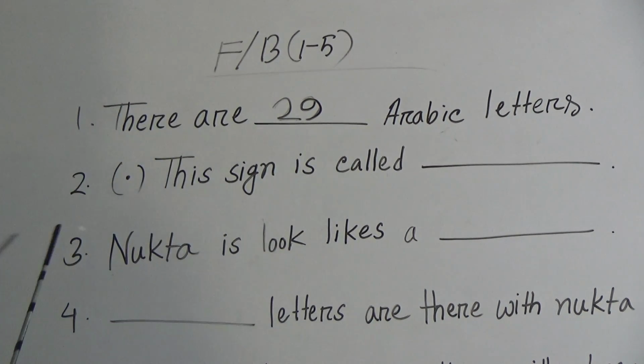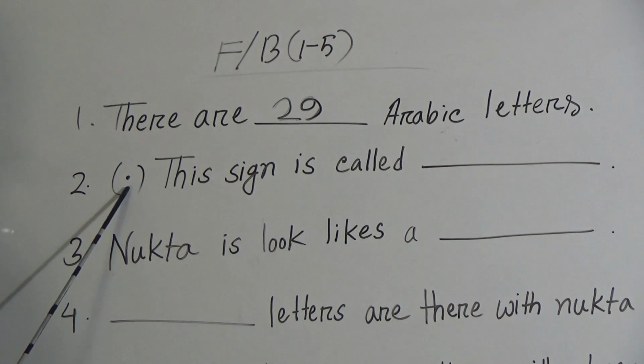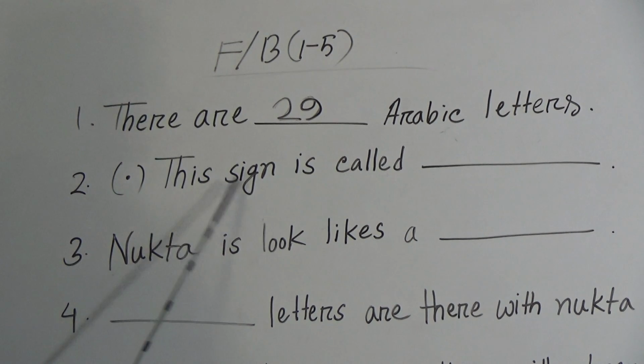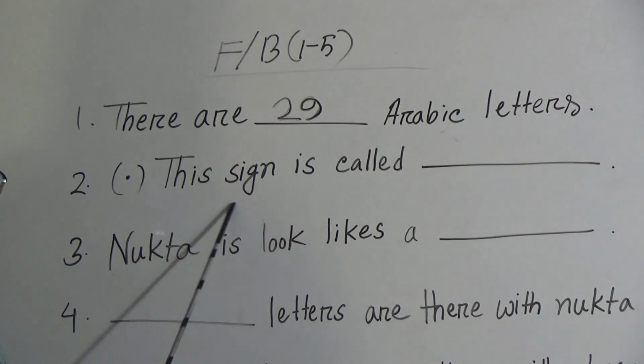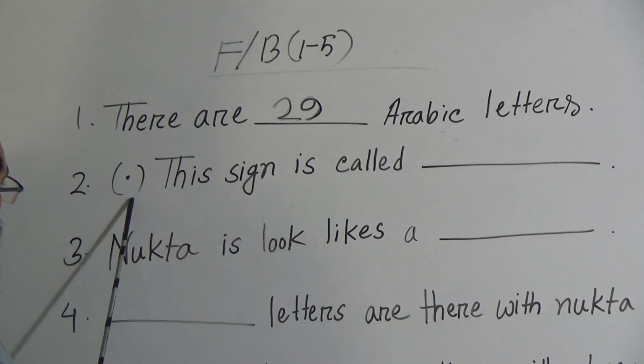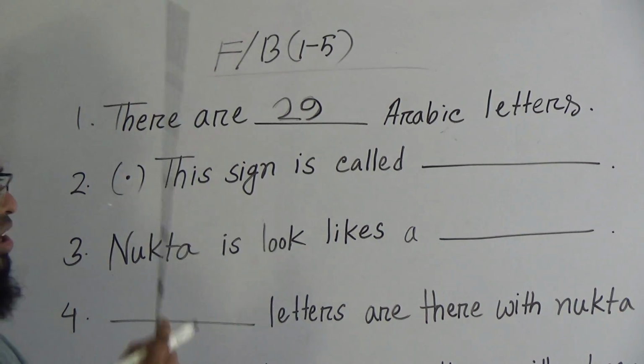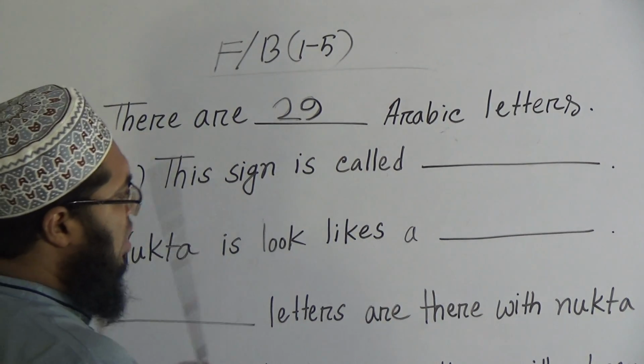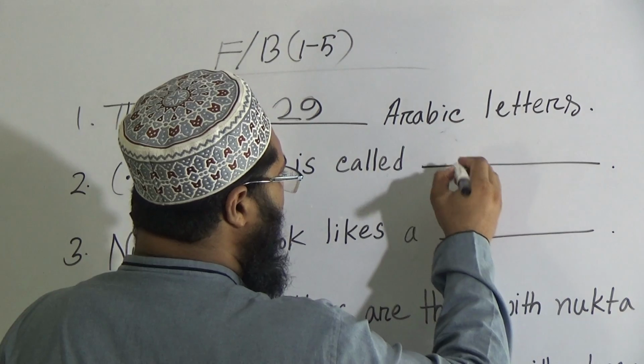Now, number 2, my dear students, this is a sign. This sign is called what? Yes, you know that this sign is called nukta. So the answer will be nukta. Now I am writing the answer nukta.